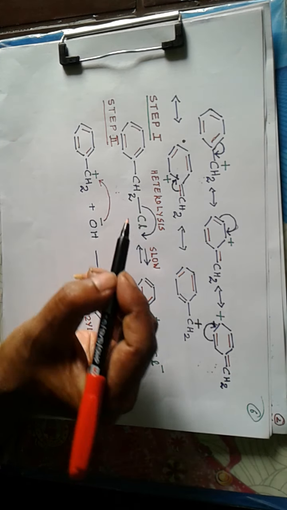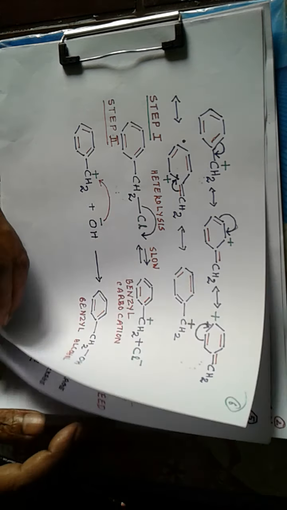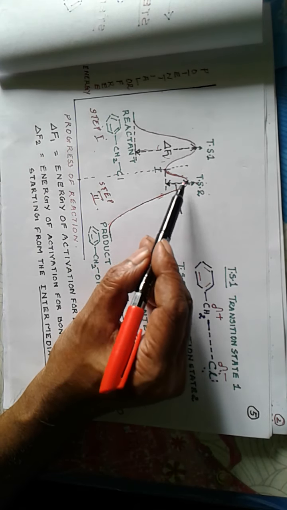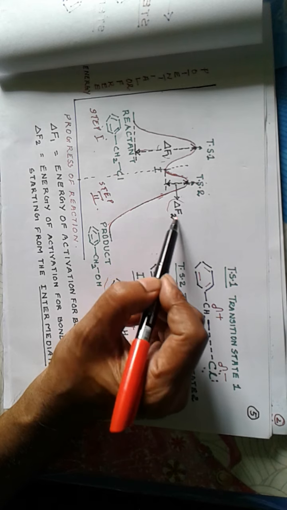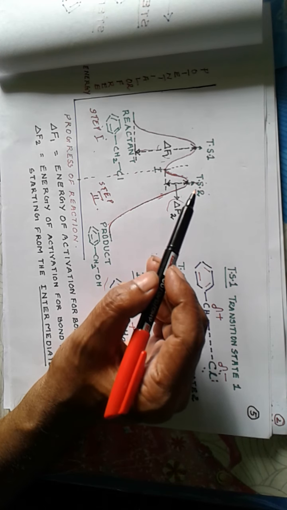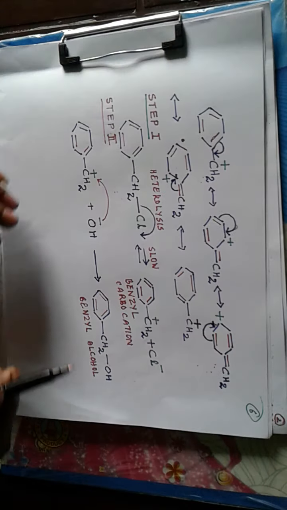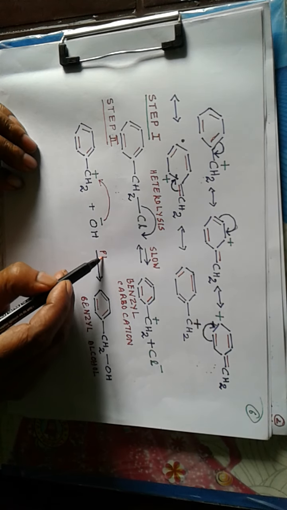The fast step is the second one, because from the intermediate to transition state 2 the difference is small, so the free energy of activation is small. Hence we call it the fast step.